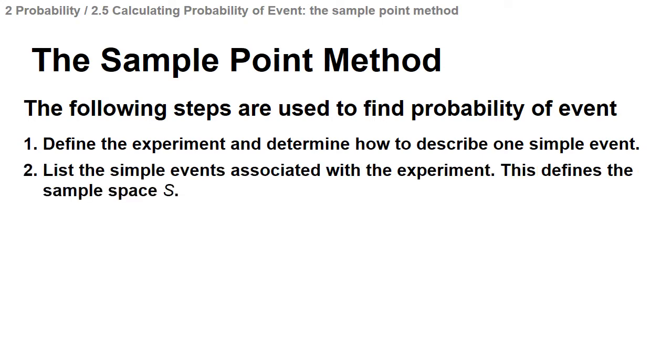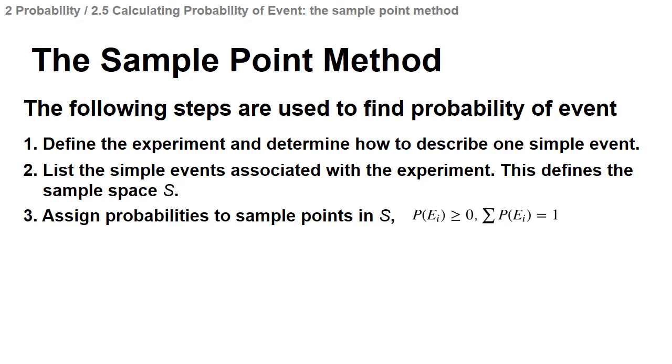Second, we list all the simple events associated with the experiment. This step defines the sample space S. So when you are listing all the simple events associated with the experiment, that's describing your sample space S.